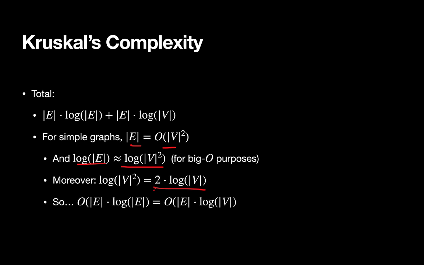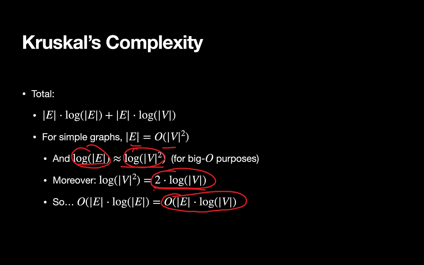If we combine together those two substitutions, replacing the log of e with the log of v squared, which can also be replaced with 2 times the log of v, we can come up with an overall complexity of number of edges times log of the number of vertices.